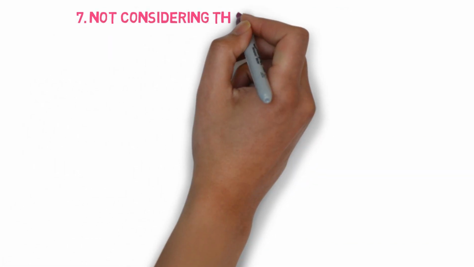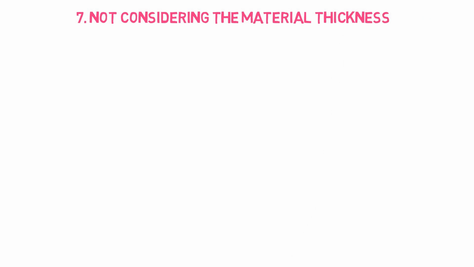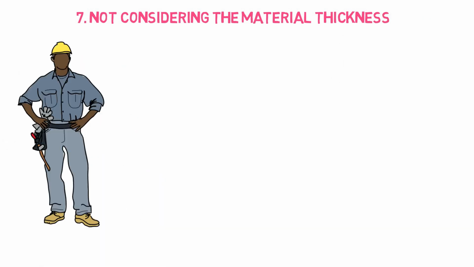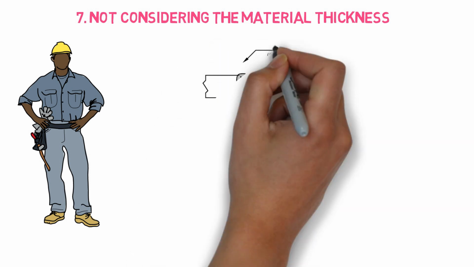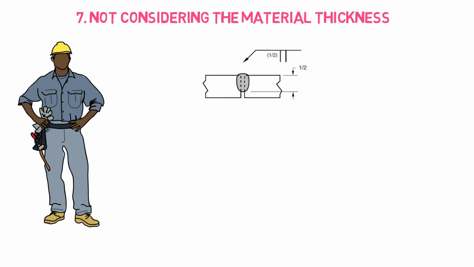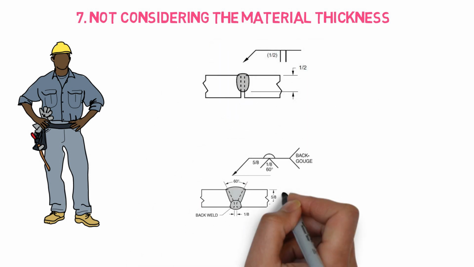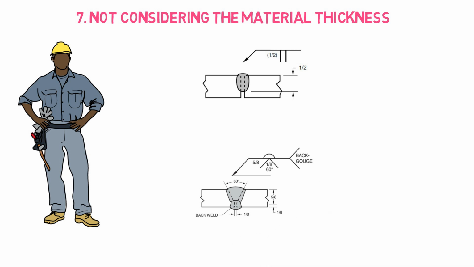The seventh error is mainly about design engineers when they don't consider the material thickness. As you can see from the first picture, it's showing a half inch groove weld which is causing partial joint penetration. However, in the second picture, the 5/8 size of the weld with back weld caused a complete joint penetration. So if there is really a need for a partial joint penetration, then it's totally fine only to mention the weld size.